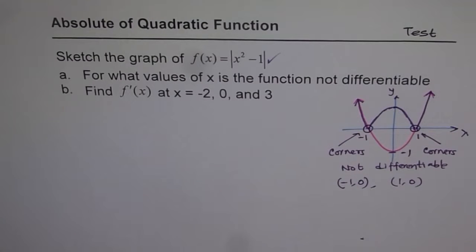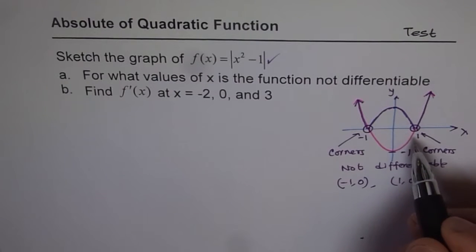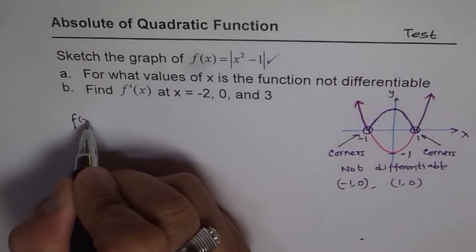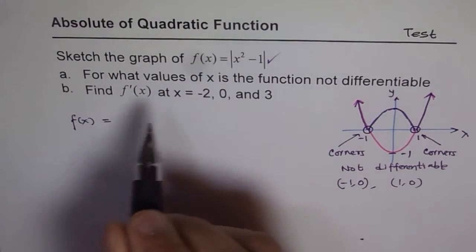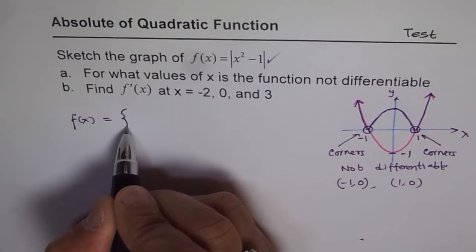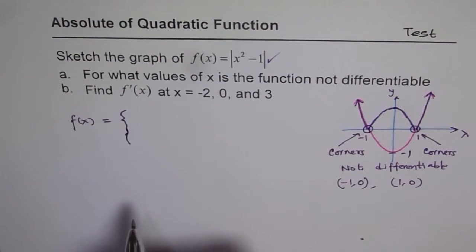Now let's move on to part B, trying to find the derivative f dash x at 3 points. For that, first let's define our function, right? Let's write down the basic definition of our function. So we have f of x equals, now absolute value. Absolute value is always split, and this time I should have, okay, let me draw like this.